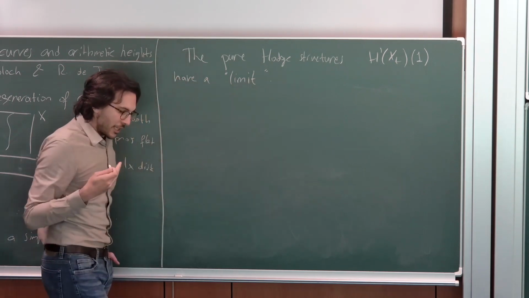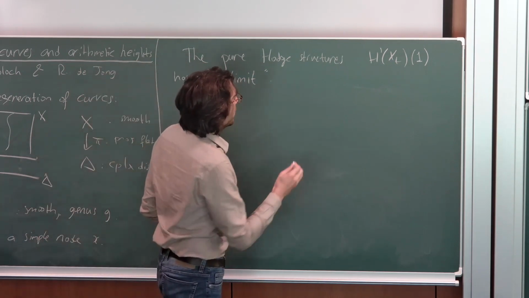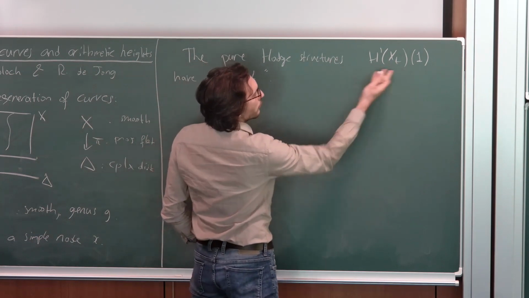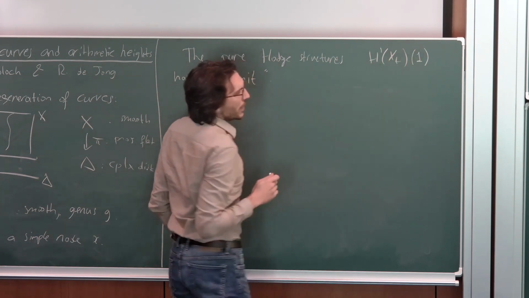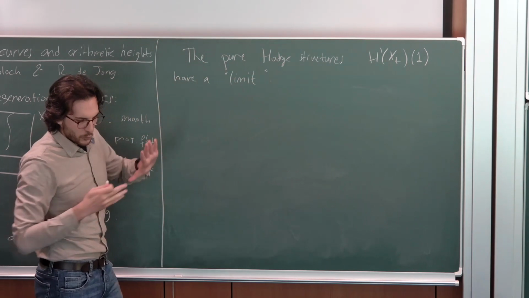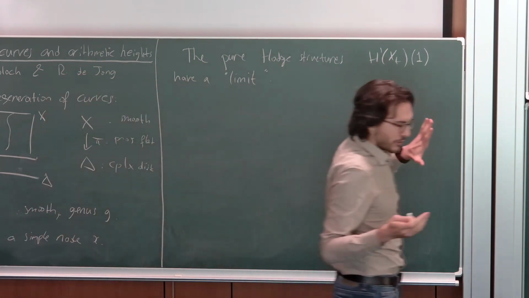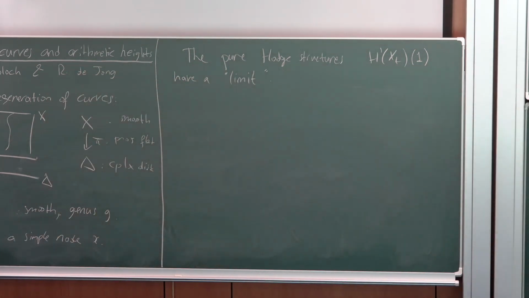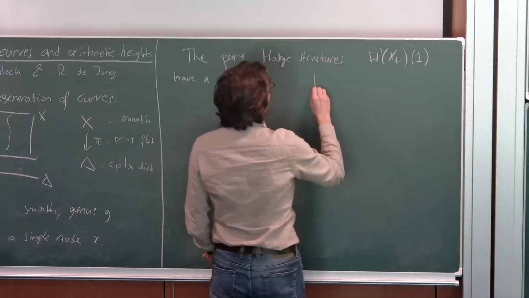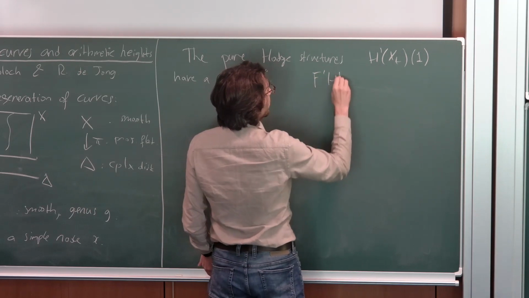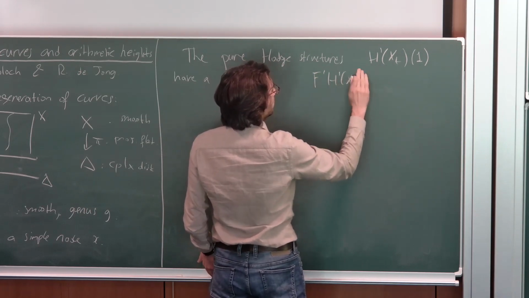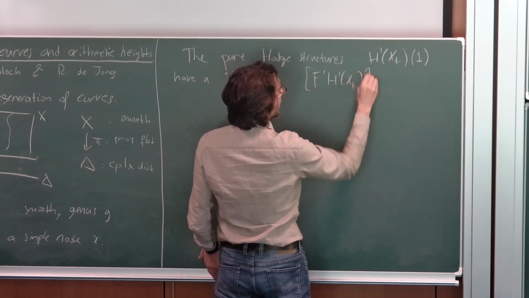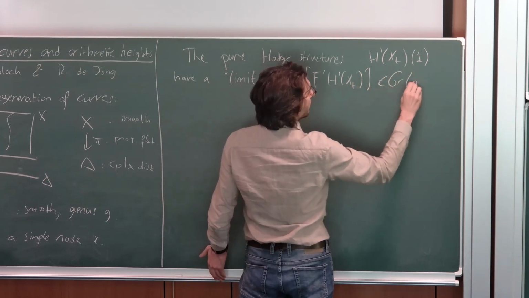The thing is, the real limit you're taking is like the space of holomorphic forms inside H1. And so this is a point in the Grassmannian. It's a G-dimensional space within a 2G-dimensional cohomology. So let's write this down maybe. Without the twist, this is the point in the Grassmannian.